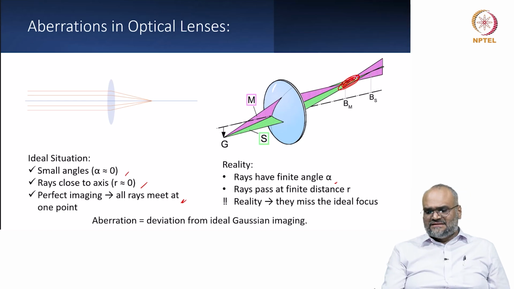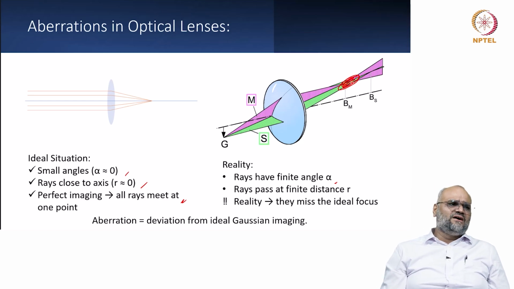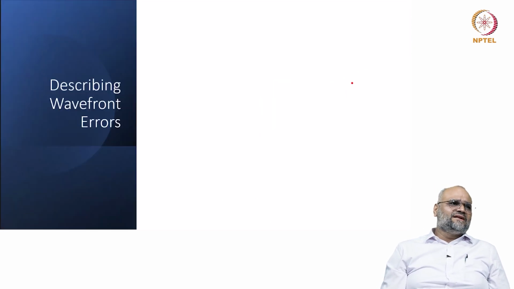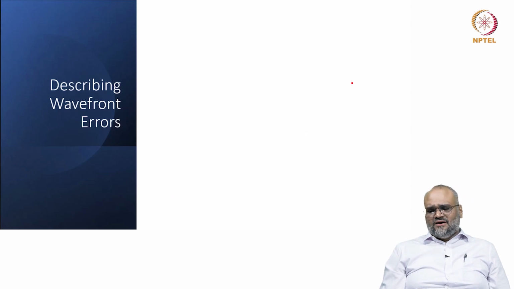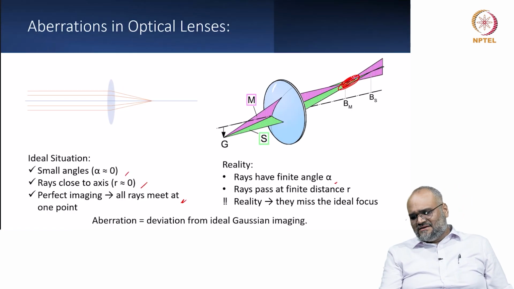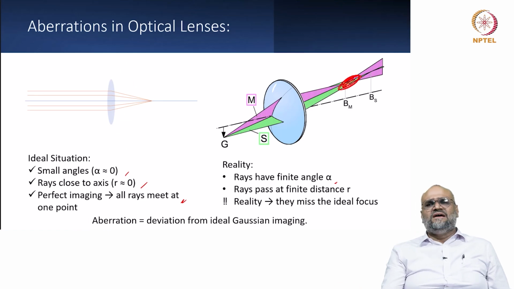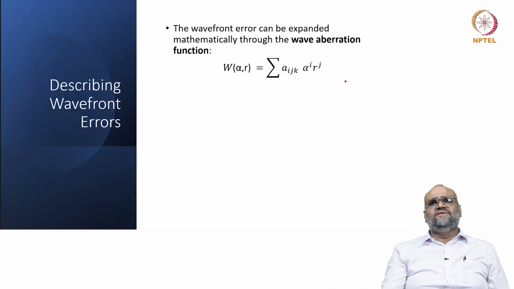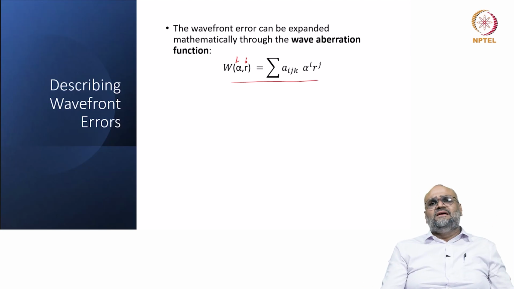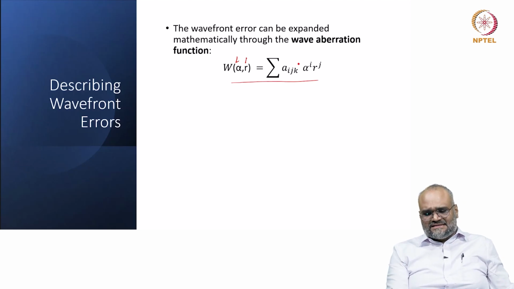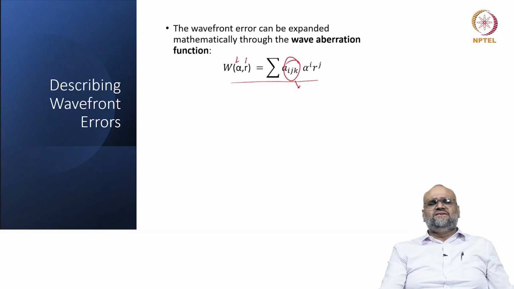This aberration can be described in terms of what is called a wavefront error, and that is what we saw. You can expand the aberration, the non-coincidence of the wavefront to a single point, in terms of a polynomial in the scattering angle and the radial coordinate, and this coefficient is what defines your aberration.